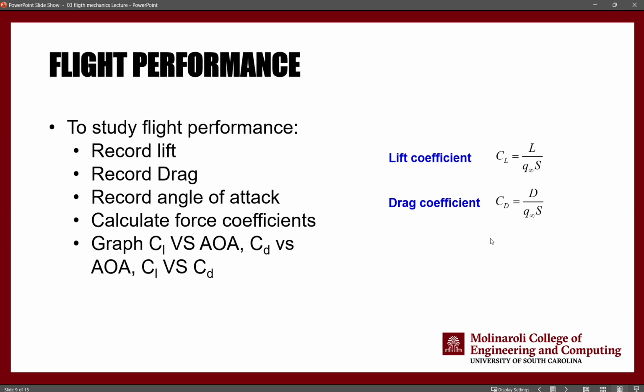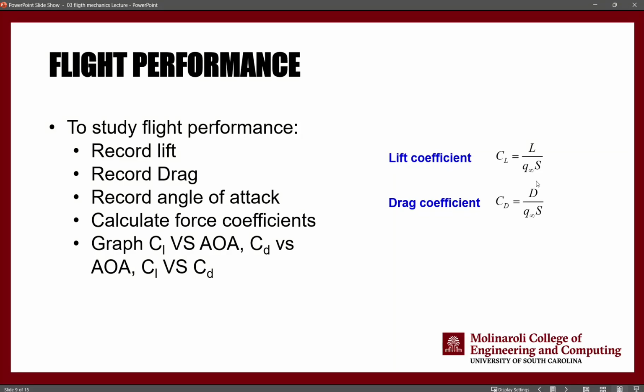Okay, so your job in the lab is going to be recording the lift and drag and recording the angle of attack, which is essentially you just have to use the software for these. There's nothing special you need to do. And you also have to know the surface area of the aircraft.